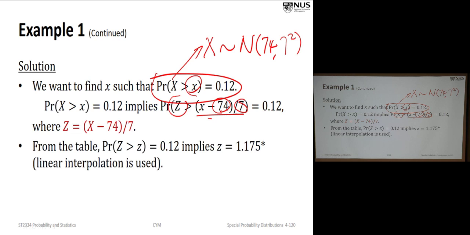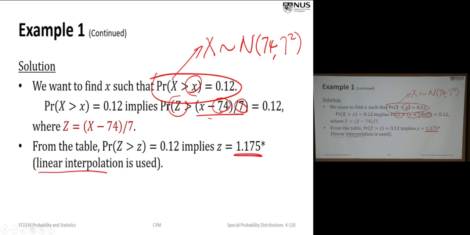So now I go to look at my statistics table or your graphic calculator or use Excel. So it gives me the value roughly 1.175. Here I use the most crude way. Get the table, I don't have a calculator. I get the table and then I do what I call linear interpolation.